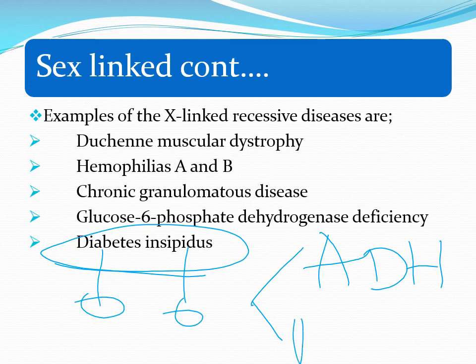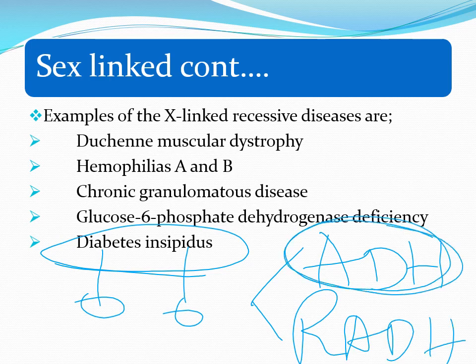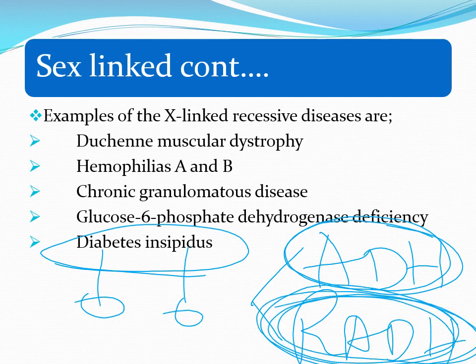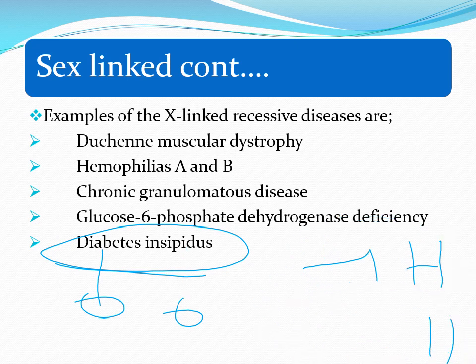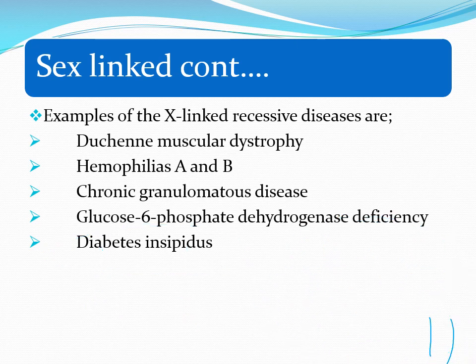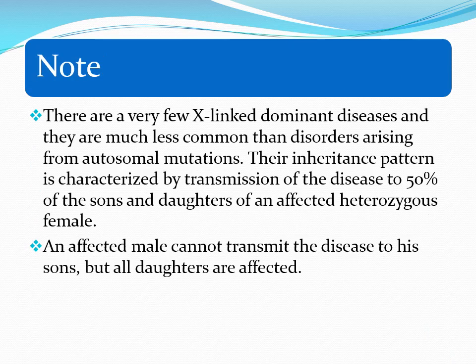When the problem is antidiuretic hormone deficiency in the hypothalamus, this is known as the cranial type. Or when the receptors in the kidney are not responding to antidiuretic hormone, this is the nephrogenic type. Again, in diabetes insipidus, the patient presents with excessive urination, which is tasteless.